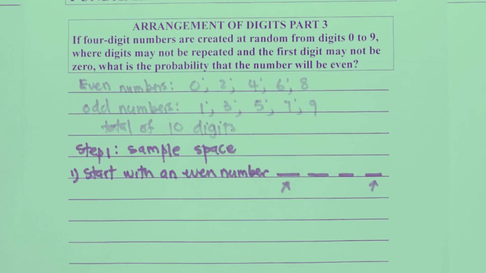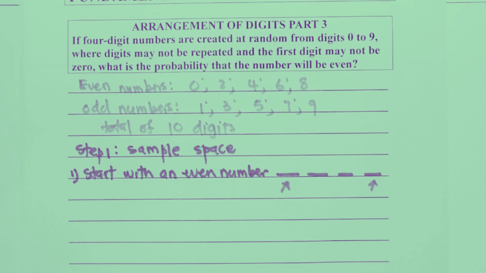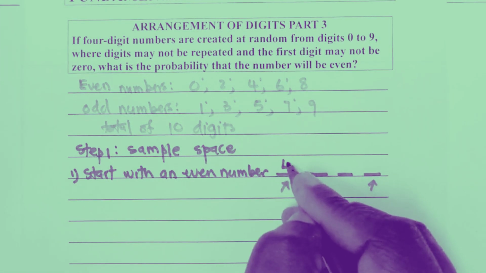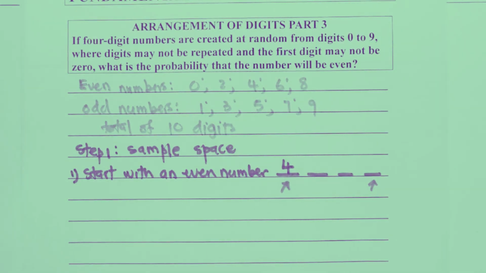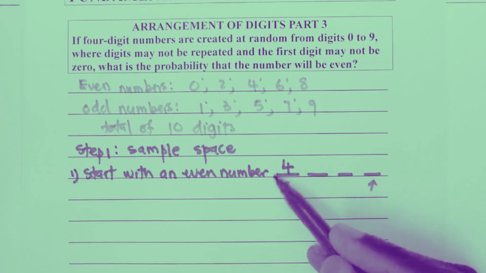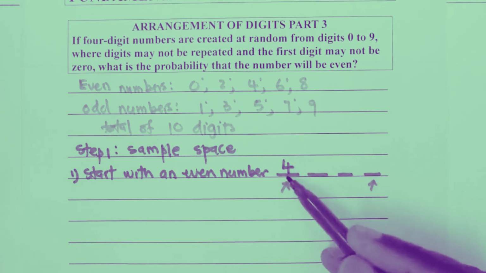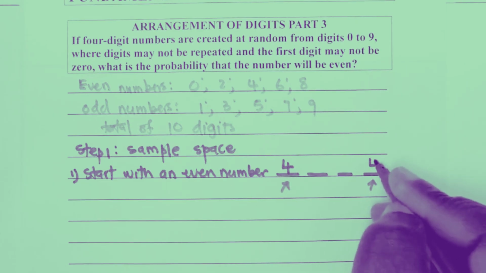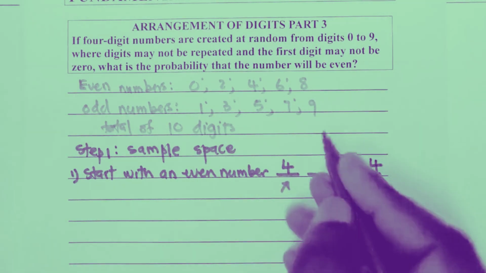So if I start with an even number, I will see that I have 5 even numbers. But the question says we should not start with a 0. So my numbers are going to be limited to 4. And then in the last part here, I have used an even number, but that even number was not 0. So at the end here, I still have 4 numbers.